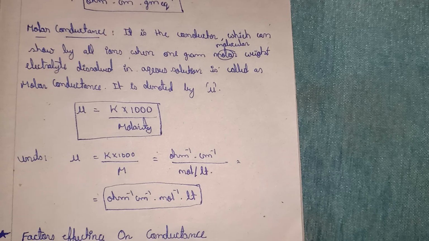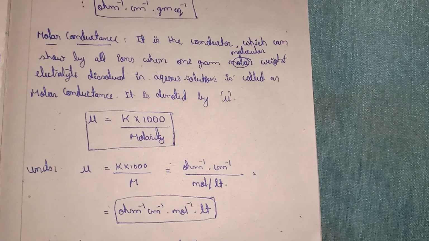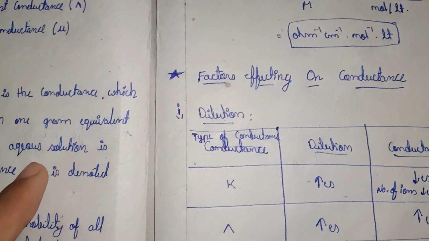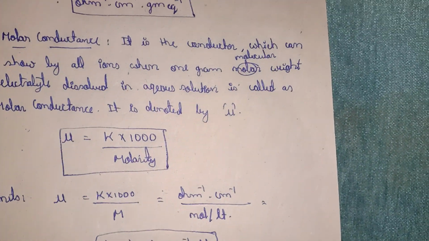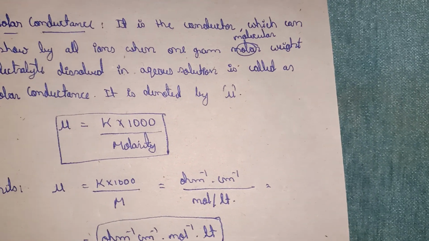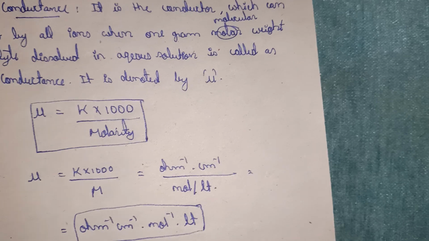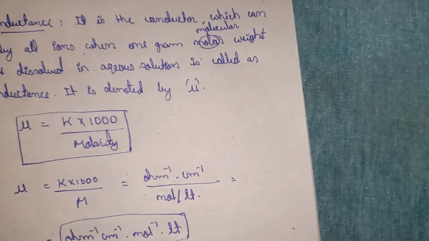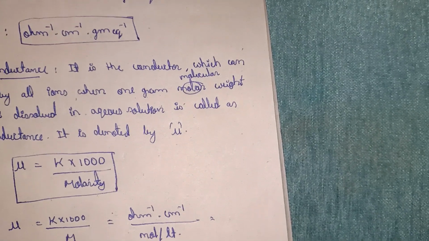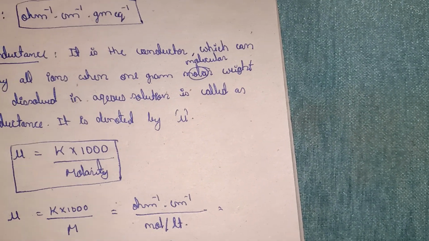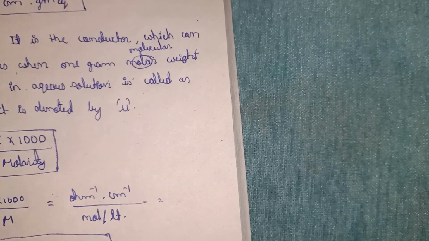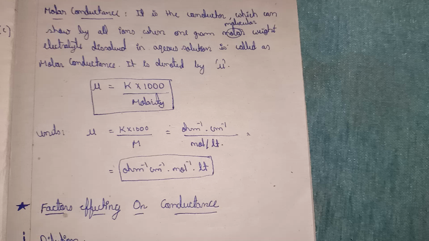Then we go to molar conductance. We just have to replace the words: here we wrote 1 gram equivalent weight, but here we replace that with 1 gram molecular weight. The conductance shown by all ions when 1 gram molecular weight of electrolyte is dissolved in aqueous solution is called molar conductance, and it is denoted by mu.